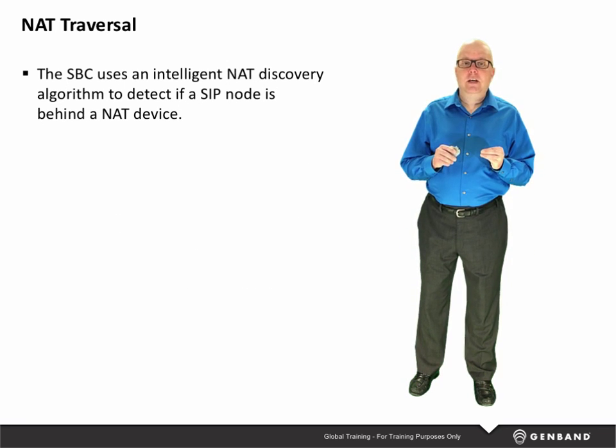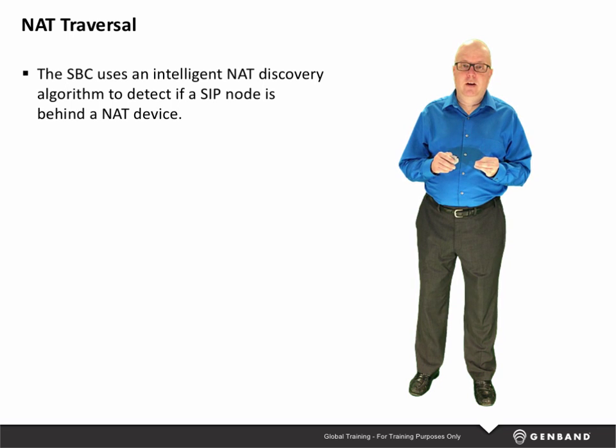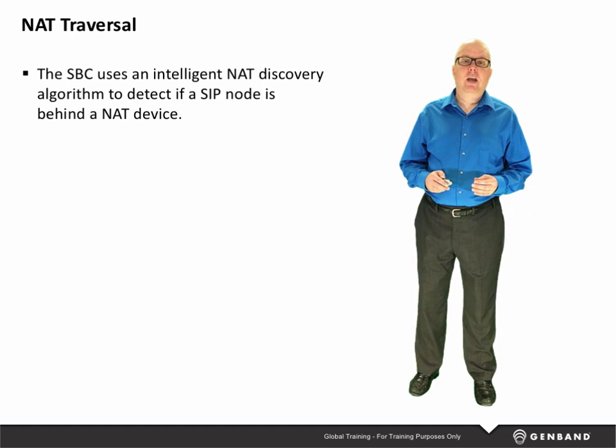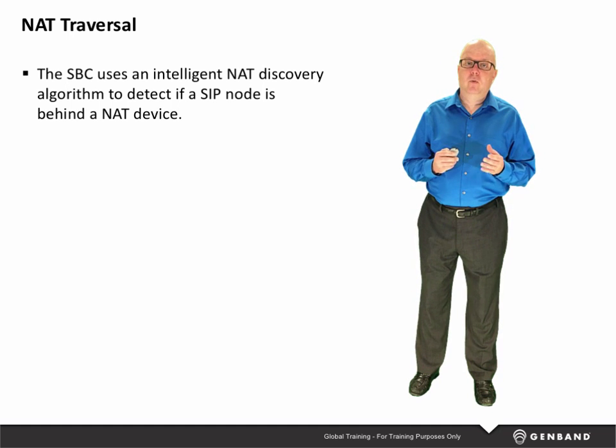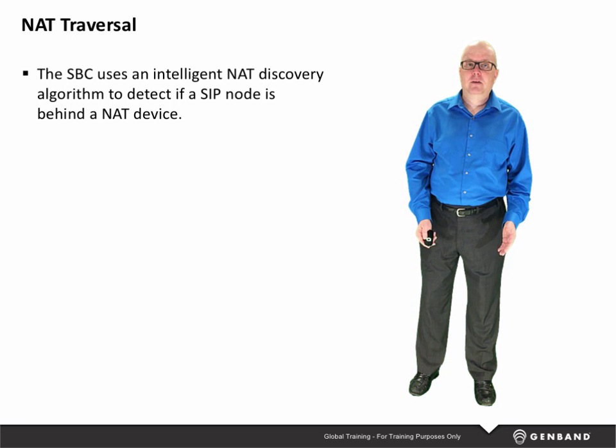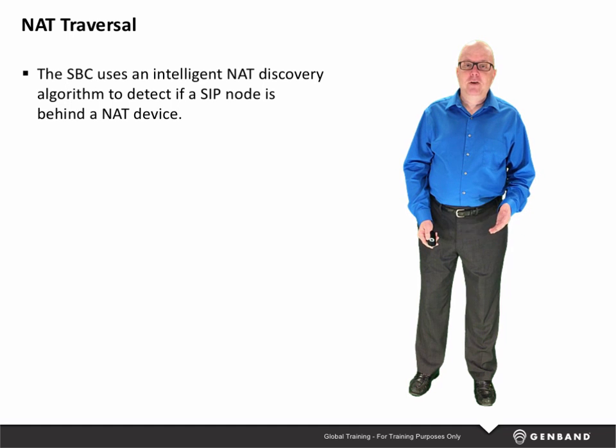Now, the big problem you're going to have with a lot of customers is their phones are behind a NAT layer. They're on a private IP address side, and you're getting calls in from the public IP address side. So that phone, again, the earlier example I used, 192.168.1.2 is the phone's IP address, just to make something up. The problem here is we have no idea how to get back to that device.